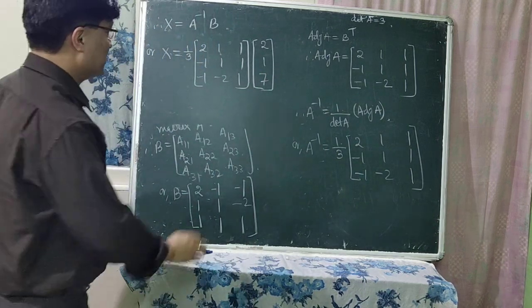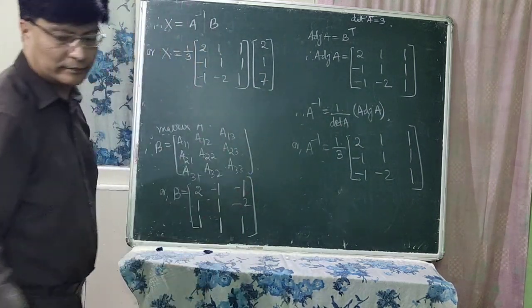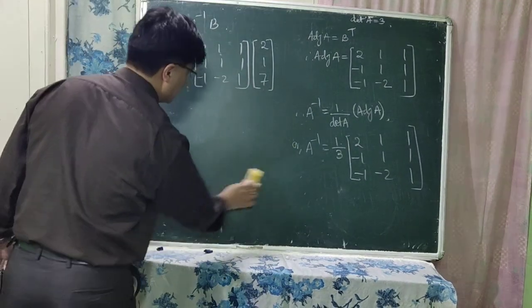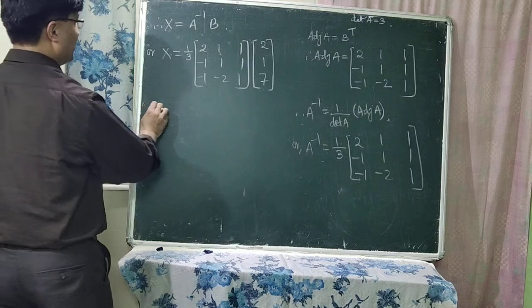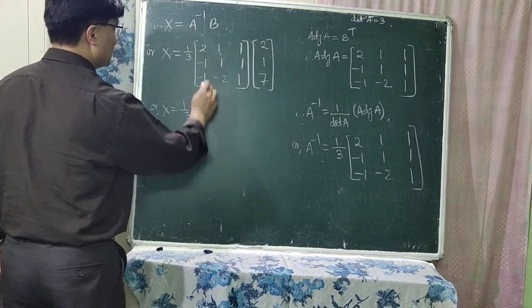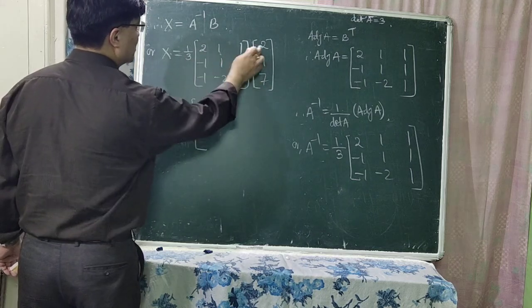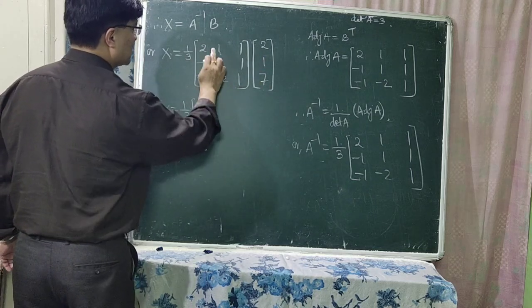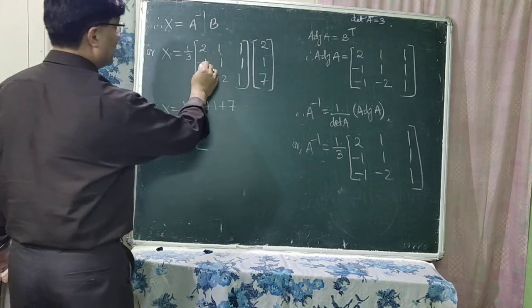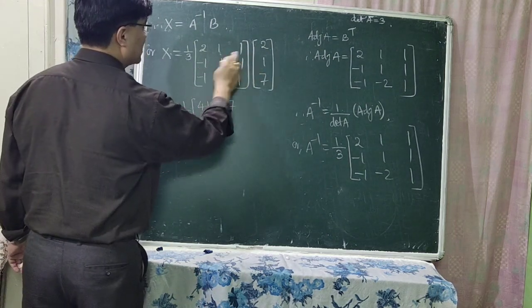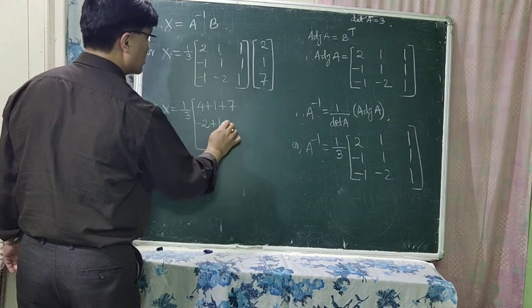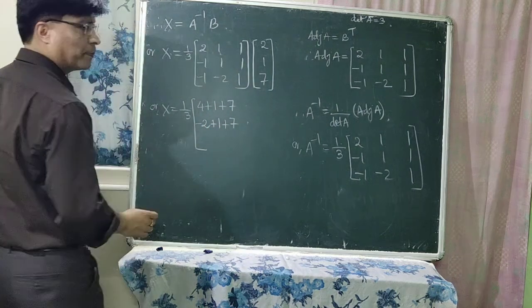Now let us find it. You can multiply these two matrices. So capital X is equal to 1/3. Now multiply these two matrices, first row by first column: 2 2s are 4, plus 1 1s are 1, plus 7. Then second row by first column: -1 into 2, -2, plus 1, plus 7.